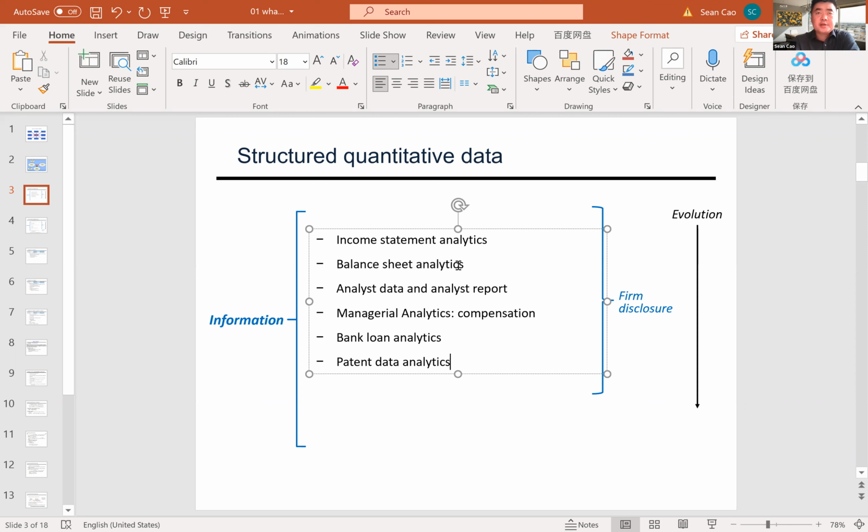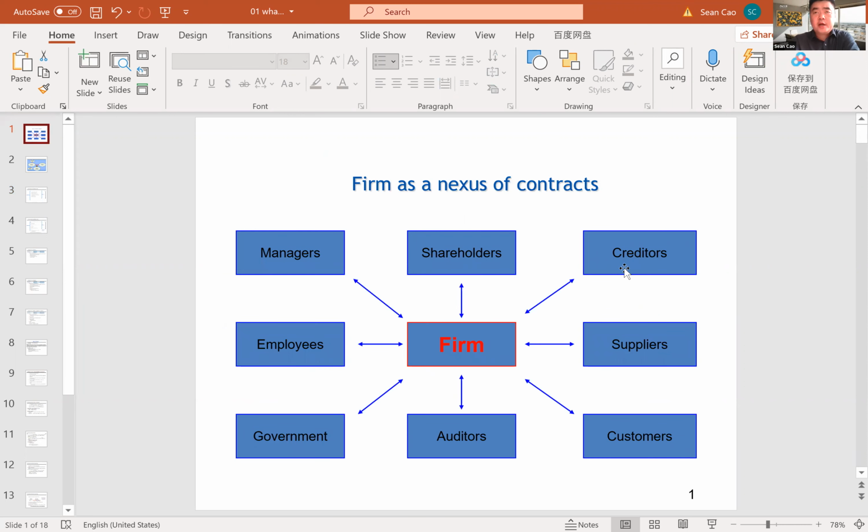Balance sheet analytics has a similar meaning. The difference is the balance sheet has information about assets, liabilities, and equity. You combine all this information to predict the firm's future performance, and the balance sheet can also help you understand the firm's liquidity. For example, earlier I was talking about the creditors. What do creditors care about? Creditors care about whether the firm can generate a stable cash flow in the future.